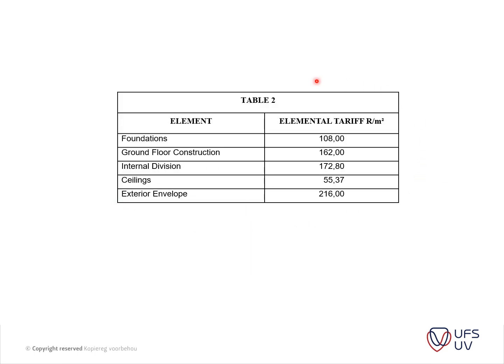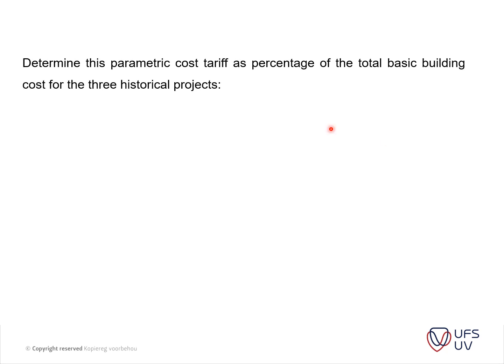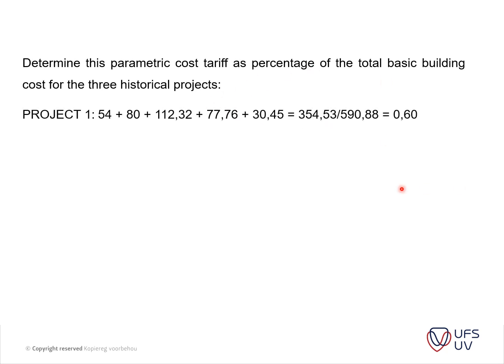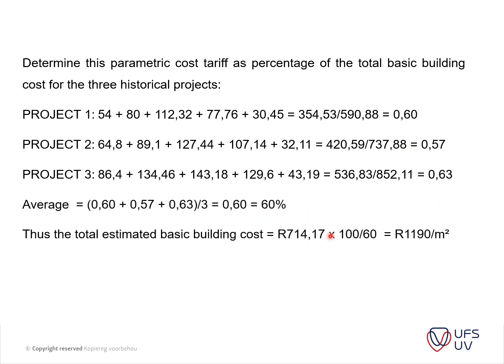Okay, so this is the table that we've shown earlier. This is how far you progress on your new project. You can see the 714 Rand per square meter, and then you determine the costs, just the explanation of what I did already. Again, the 3 projects to get to the percentage contribution for those items on the historical projects, and then you calculate the average of that.